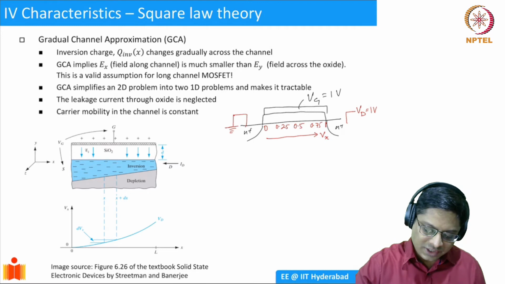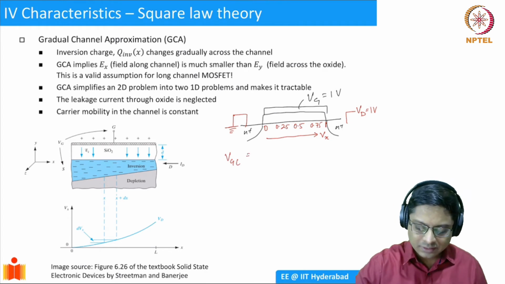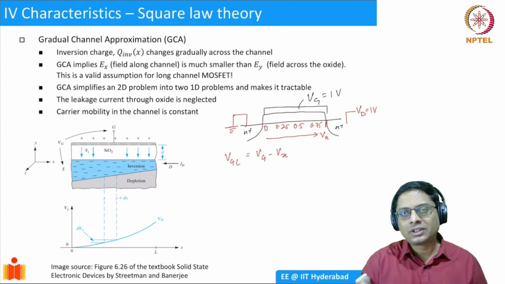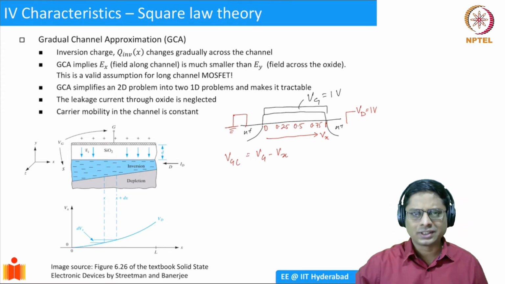VGC means I'm taking the voltage at the gate minus Vx. At each point on the channel I have a different voltage, because it's just behaving like a resistor. There is some amount of resistance, it might be large, it might be small, whatever.